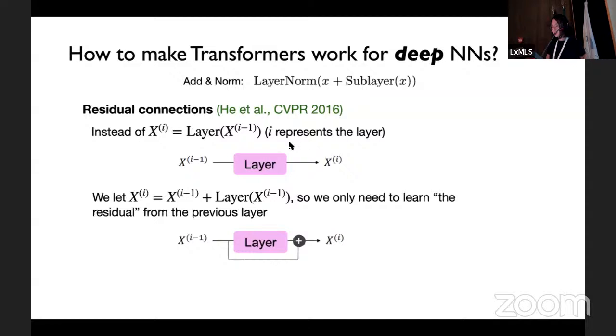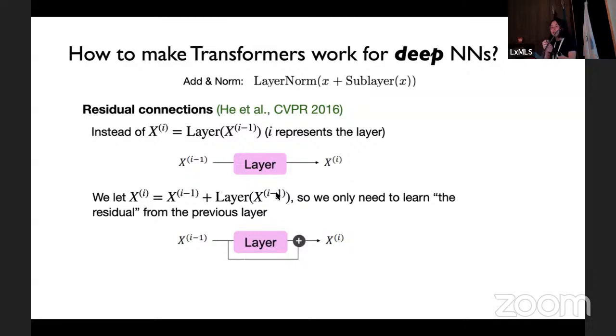But if you use a residual connection, you add the input matrix directly to the output matrix. So x_i will be the sum of x_{i-1} plus the layer applied to x_{i-1}.